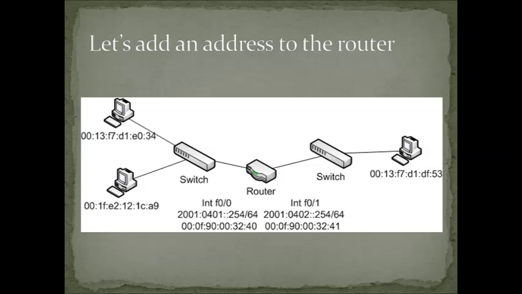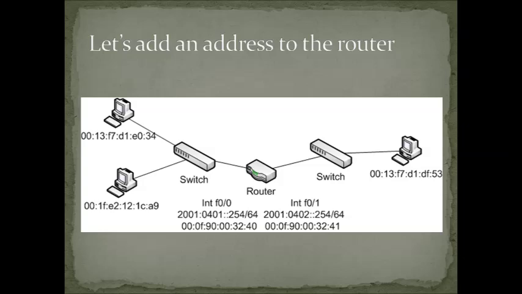You can see that the router interface on the left has the address of 2001:0401: and then :254, with a network mask of /64. The right side interface looks really close to that, except in the second portion of the address we see 0402. Initially, remember, all we're doing at this point is giving the routers an IPv6 address and turning the interfaces on.